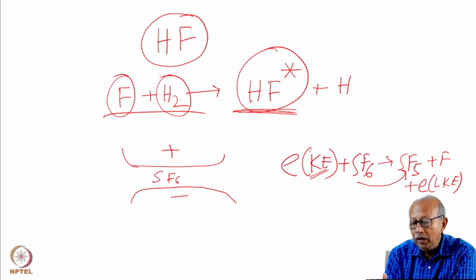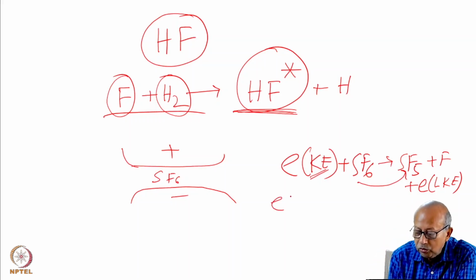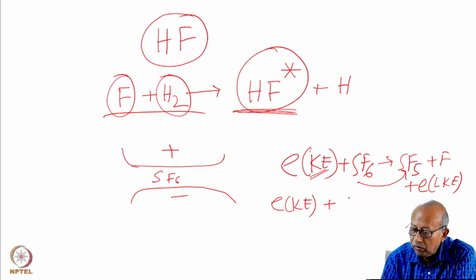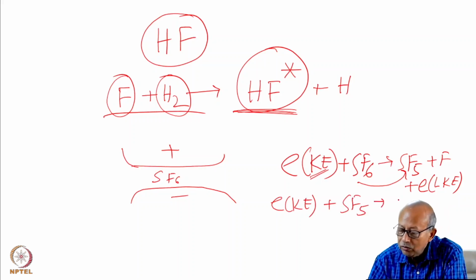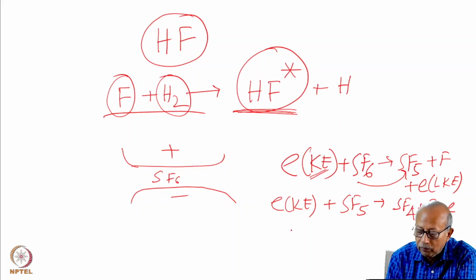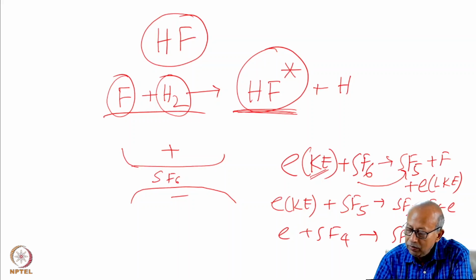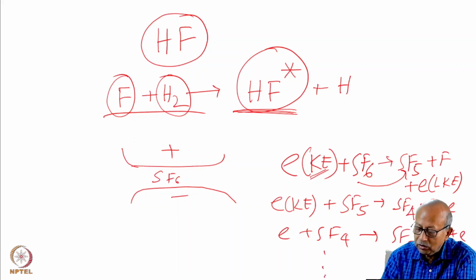Now there will be many more electrons which will then collide with SF5 and dissociate it further into SF4 plus atomic fluorine plus electron. And this process will go on. Electrons then collide with SF4, create SF3 and fluorine, and this will continue.